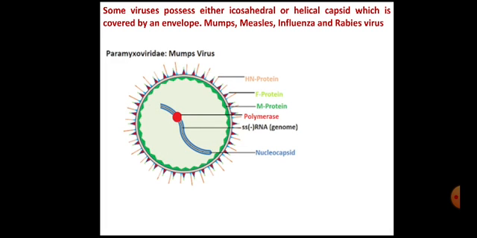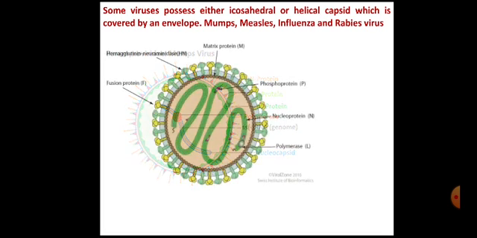We can see inside the blue colored nucleocapsid, which is helical and is surrounded by an envelope consisting of proteins: HN protein, F protein, M protein, etc. Measles virus. In the measles virus, you can see inside the green colored wired nucleoprotein which contains nucleic acid and protein.